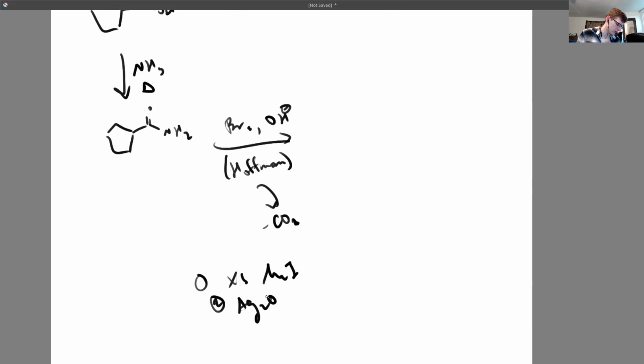Chlorides, esters, no. Nope. The amide section in the book doesn't have anything. Yeah, I'm not finding anything either.